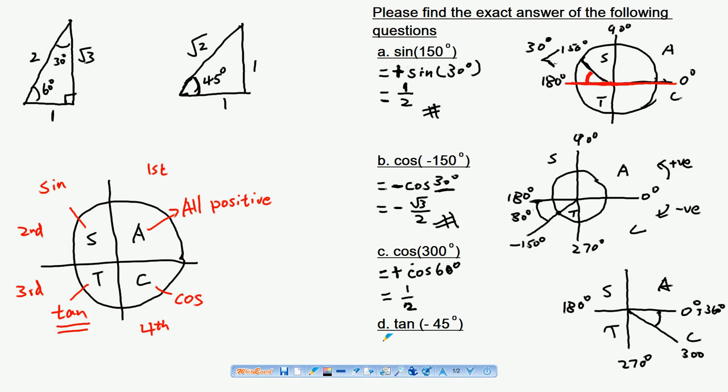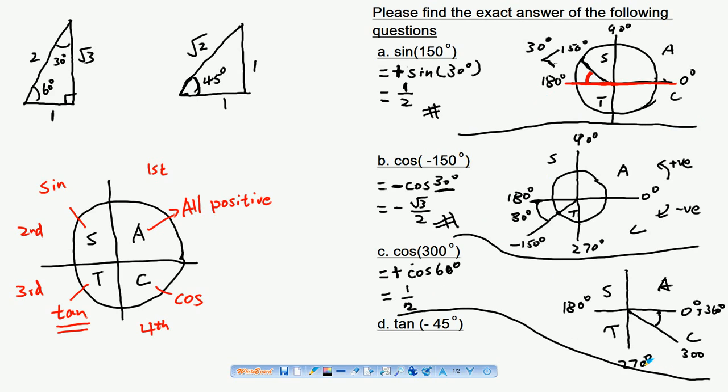Now let's look at question D. That's for question A, that's for question B. In question D, we draw a unit circle there. It's minus 45 degrees, so it should be there.